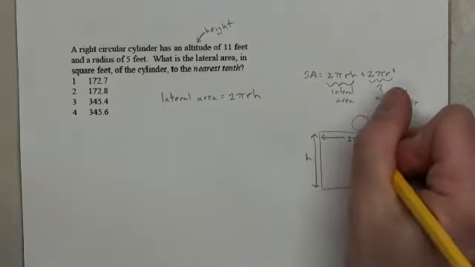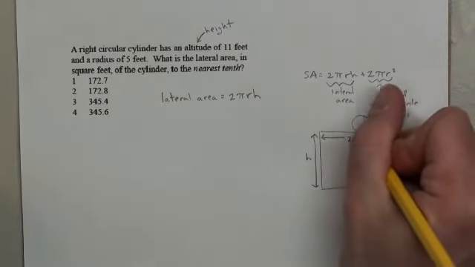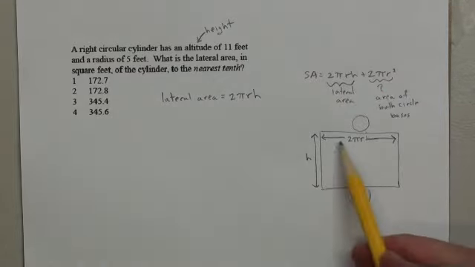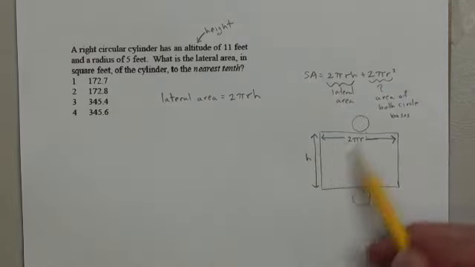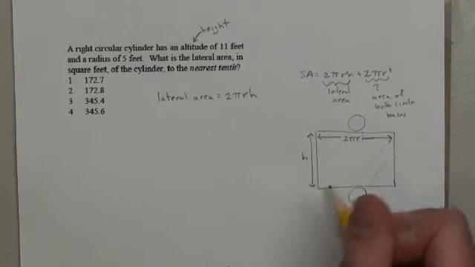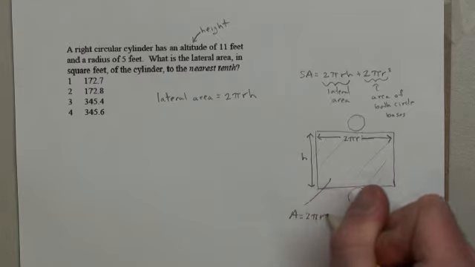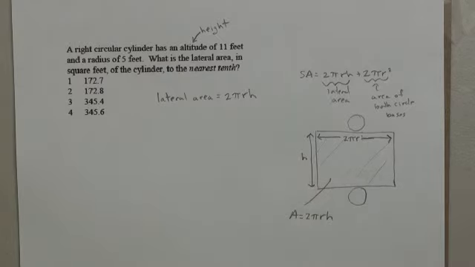It's just the circumference of the circle. But when you multiply, so when you want to know the area, it's 2 pi r h.